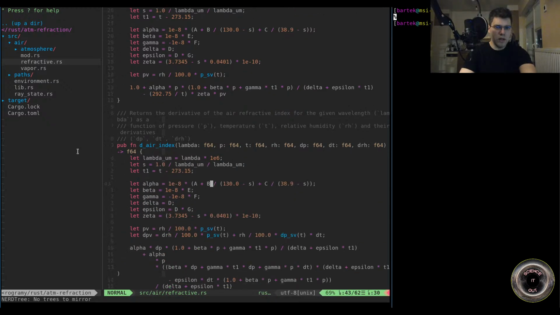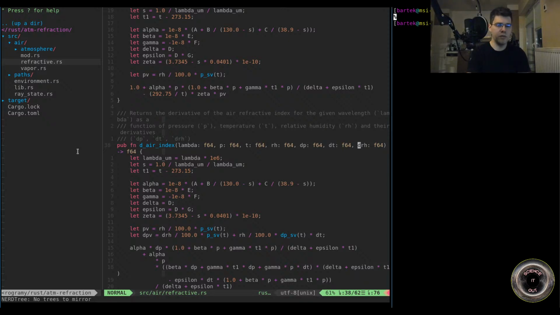And this calculates the derivative of the index of refraction, and it takes a bit more arguments because it takes the pressure, temperature, relative humidity, but it also takes the derivative of pressure, derivative of temperature, and derivative of relative humidity. So you need to calculate that before you input it in here.